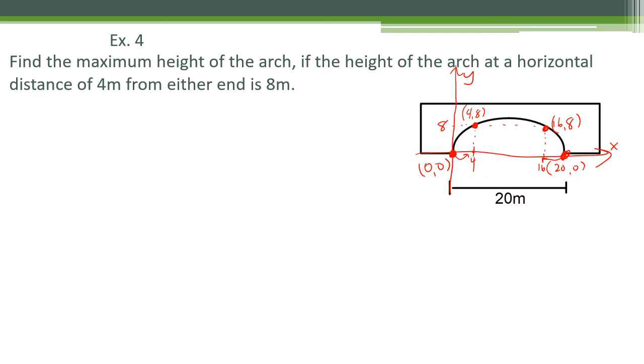Maybe don't forget that. You see maximum, our end game is vertex. I know that my vertex happens halfway between my zeros. And my zeros are 0 and 20. And some simple math, what's halfway between 0 and 20? 10. So this right here is my vertex. And I know already that it has coordinates 10, something. And that something is what I'm looking for.